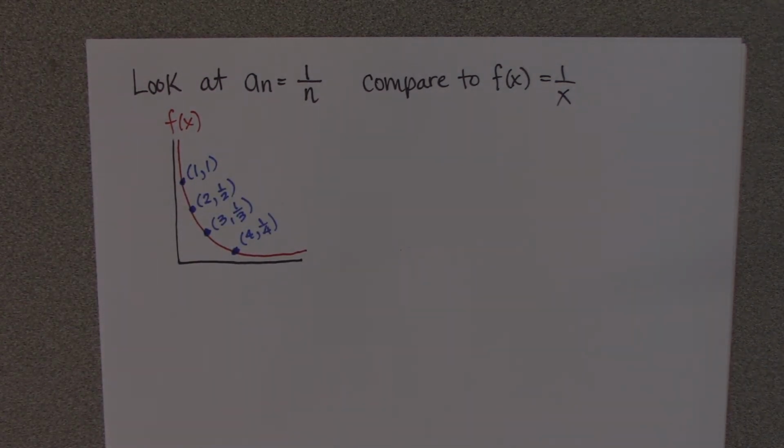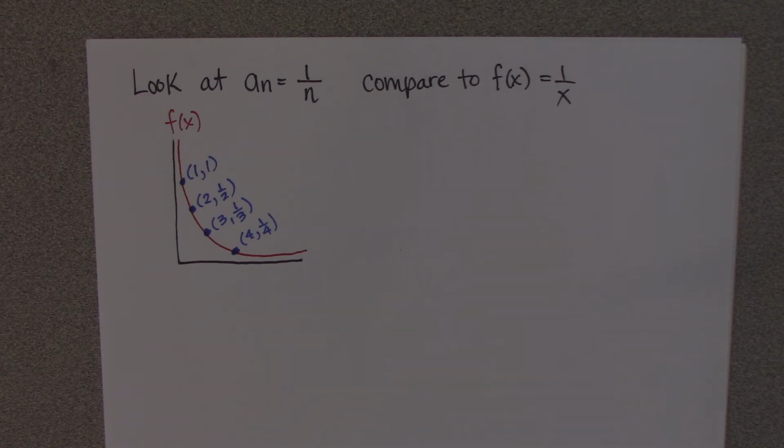But the sequence takes only integer values, so all you're getting are points, where the function would allow any value of x in between 1 and 2, 2 and 3, and 3 and 4. So if a sequence looks like a graph that you recognize, it's sort of like connect the dots when you're a kid. The dots will form the pattern of that line, and if you connected all the dots, you would end up back at the original function.